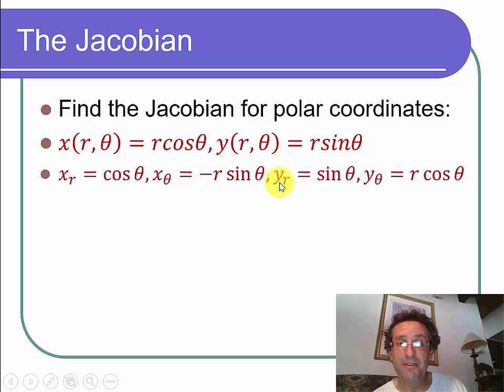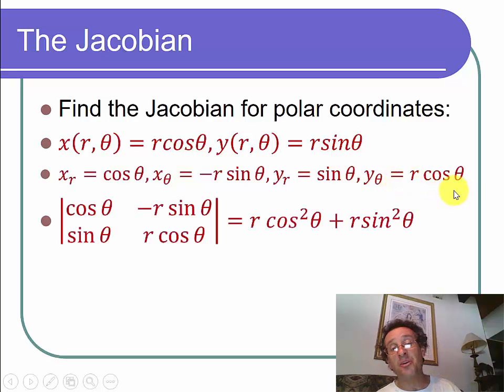So you get negative r times the sine of theta. The partial derivative of y with respect to r is just the sine of theta. And the partial derivative of y with respect to theta, the derivative of the sine of theta, is just the cosine of theta. So we get r times the cosine theta.